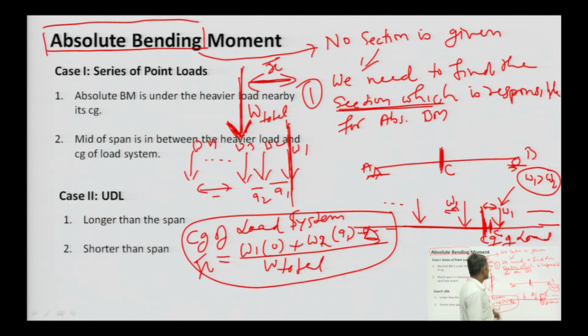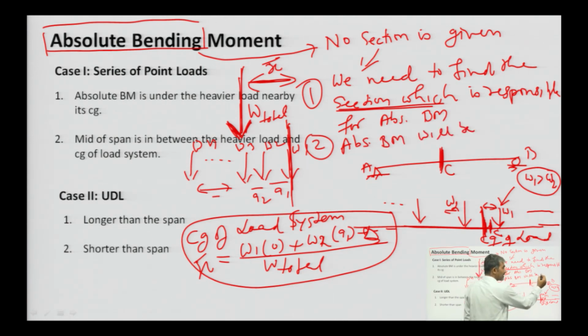So step 1 is to find the section responsible for absolute bending moment. Second, after getting the section, it does not mean the bending moment will be required at that section. Absolute bending moment will be under the heavier load. So these are the two steps to find the absolute bending moment.